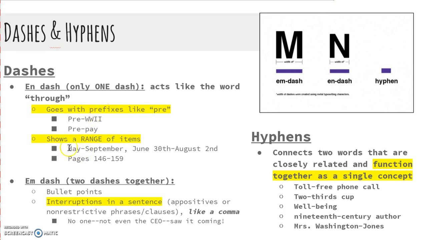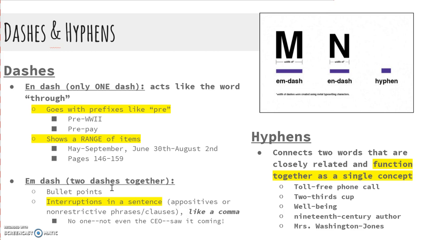So if I want to show May through September, or June 30th through August 2nd, or pages 146 through 159, then I'd use just an N dash. I might use an M dash, which is the longer one, and it's 2 dashes long, if I'm using them as bullet points, or interruptions in a sentence, like in an appositive or a non-restrictive phrase or clause.